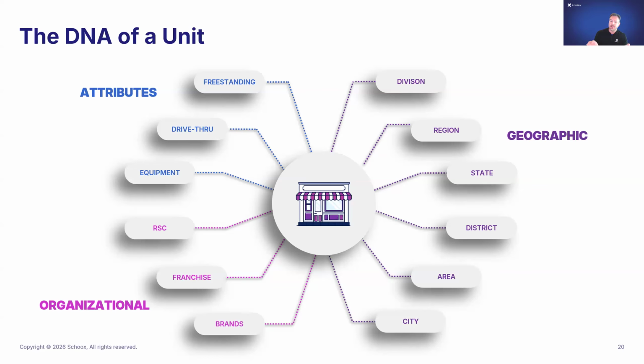So now as you're looking at this web of what can be connected, I can get in and select different pieces to say, I need this franchise that's part of this brand, and I need it in this region. And you can mix and match any of these, and that's why the DNA is so important. If you don't have that, you're going to struggle to support assignments, reporting capabilities, and communication.